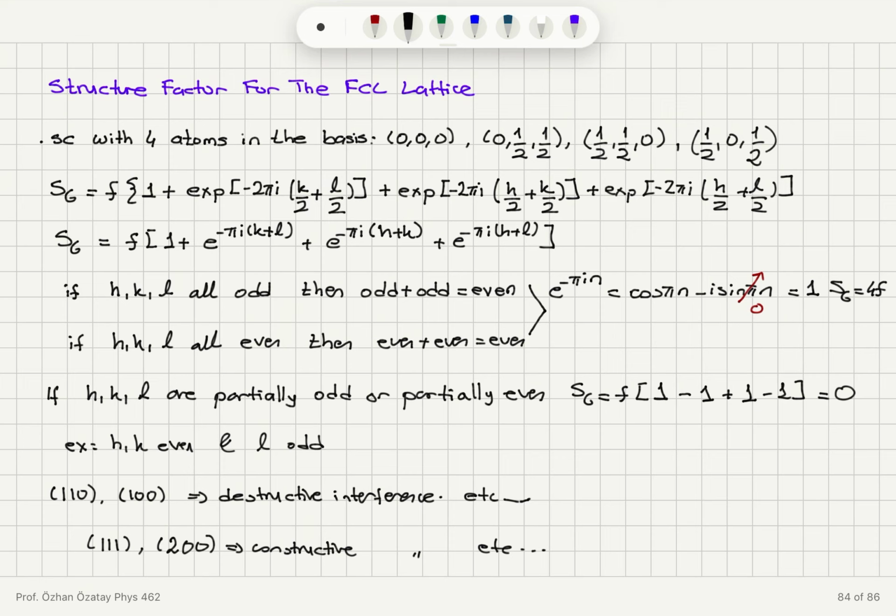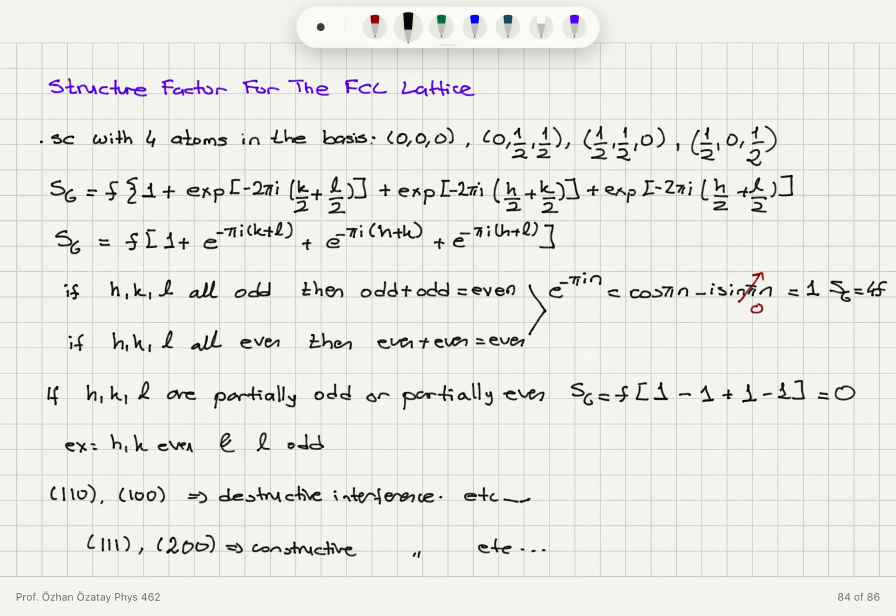Now, if h, k, l are all odd, what happens if you add two odd numbers, for example, 1 plus 3, 1 plus 5, etc.? The answer is even. If h, k, l are all even, 2 plus 2, 2 plus 4, etc., they are all even.